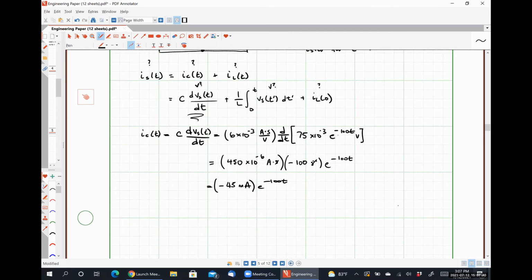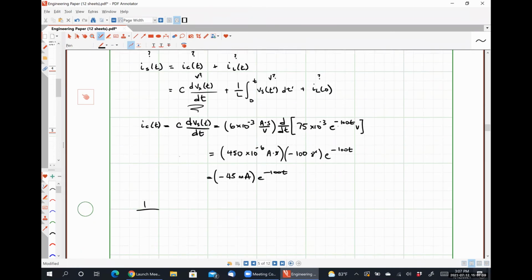I guess now we will suffer through the integral portion. So 1 over L, and L was 20 millihenries, 10 to the minus 3 volt seconds per amp.